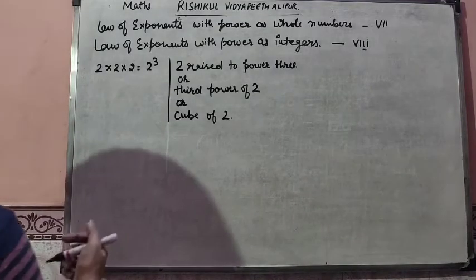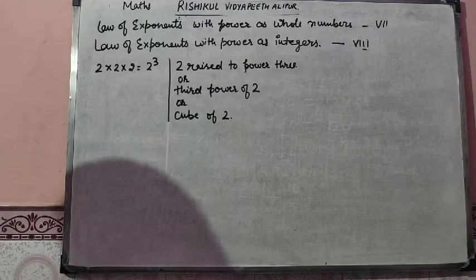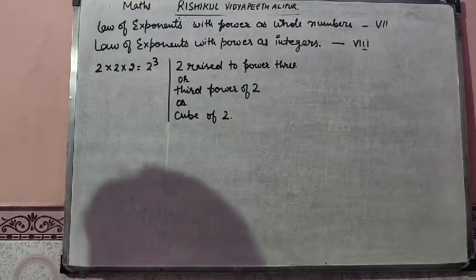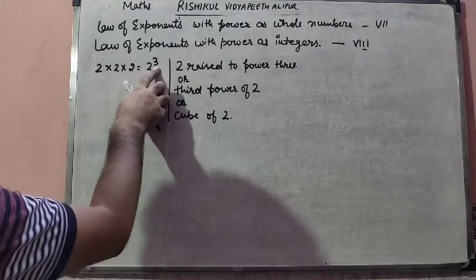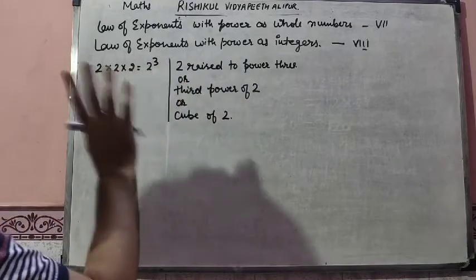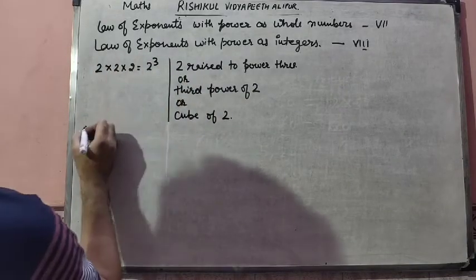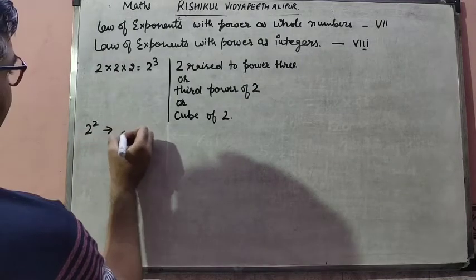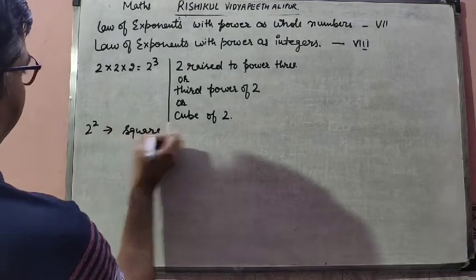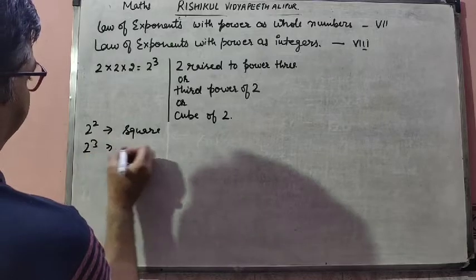Similarly students, there are different alternatives. When the power is 2, we read it as square, and if the power is 3, we read it as cube.